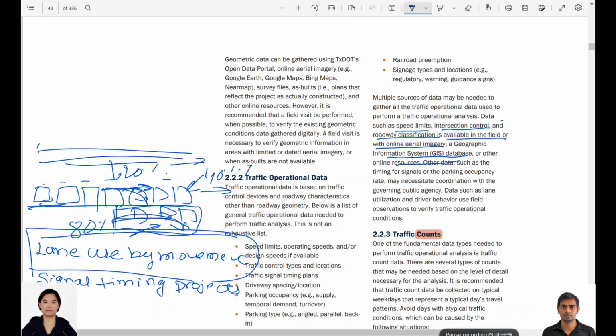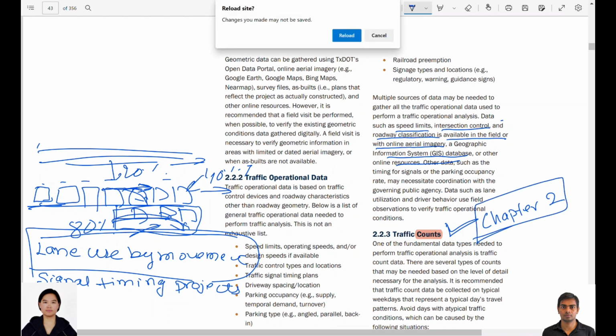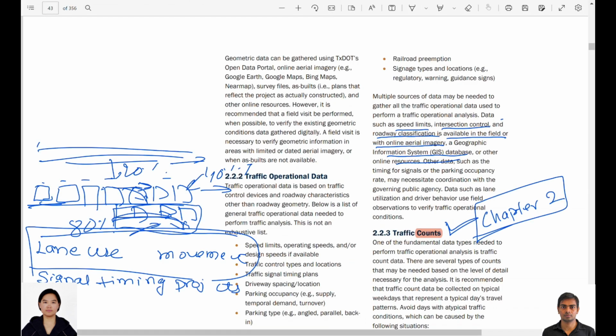Let's move on to the next section, which is the most important one out of the data in this chapter: traffic counts. This is the most important one out of everything within chapter 2 from a personal perspective, because this is what we need in the majority of projects.